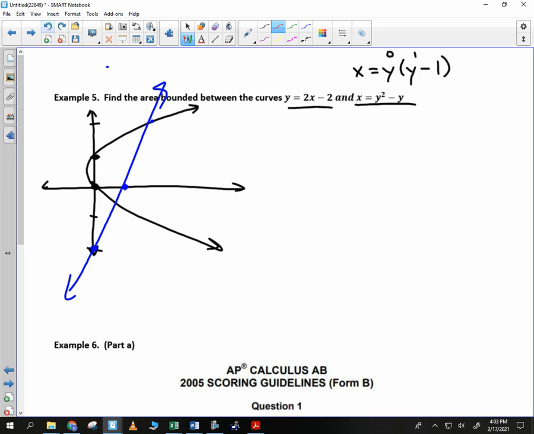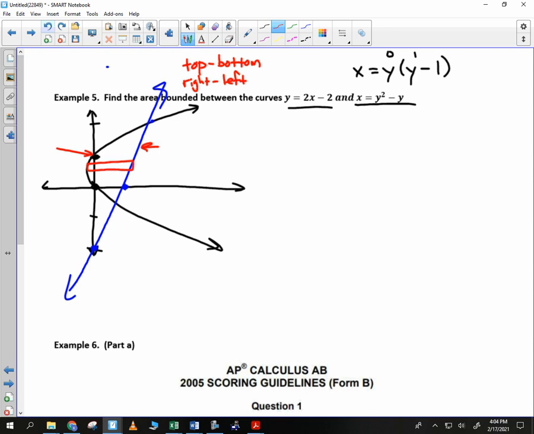Instead of drawing a vertical rectangle, we draw a horizontal rectangle. And you can see anytime you draw a horizontal rectangle, the right side is always going to be the line, and the left side will always be the parabola. So instead of doing top minus bottom, we are going to do right minus left.